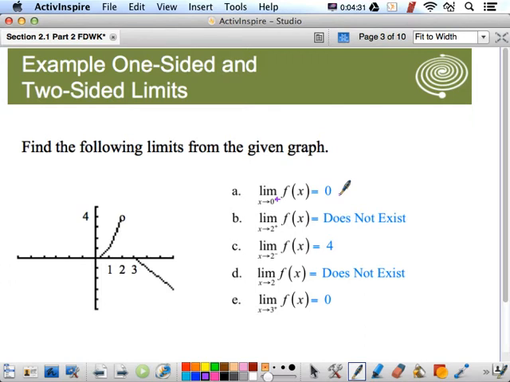Next, I want to find the right-sided limit as x approaches 2. So as x approaches 2 from the right, that's this x value right here. Do you guys see it? As I try to approach that, my pen never makes it there. What happens? It cuts off short. To get there, I would need to extend out to here, but I don't have that. When it approaches nothing from that side, we don't just give the number that it last approaches.